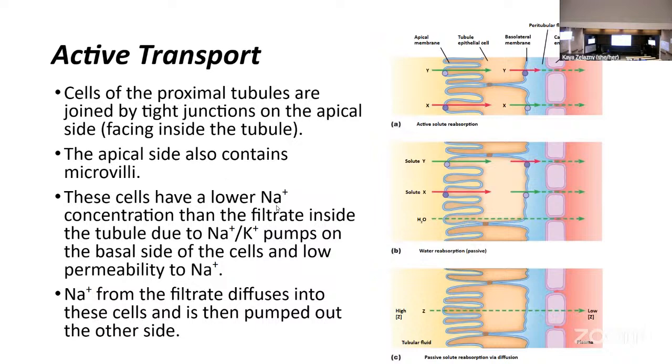We have the sodium coming into contact in pretty high quantities with those microvilli, with that brush border, because it's got lots of surface area, and being moved into our cells here of the proximal tubule pretty quickly because we've created a low sodium concentration inside the cell by actively pumping sodium out on the other side across that basolateral membrane. Okay, so overall, our sodium is moving straight across the cell towards the blood.